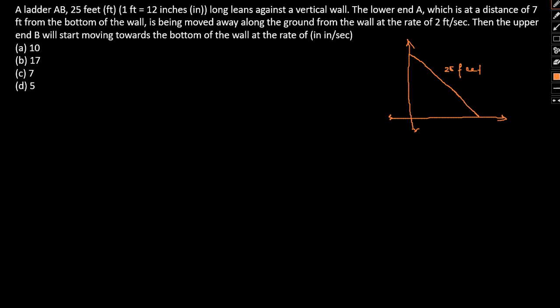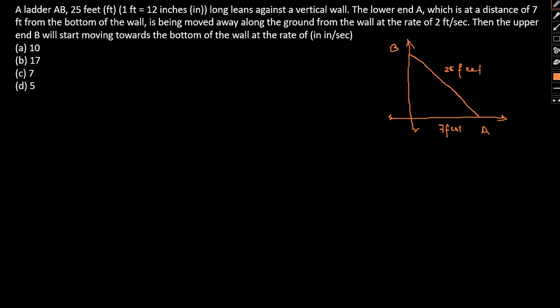Ladder AB is 25 feet, lower end is A, upper end is B, and say this distance is 7 feet from the bottom of the wall. The ladder is 25 feet long. The rate is in inches per second, so we need to convert everything in inches.